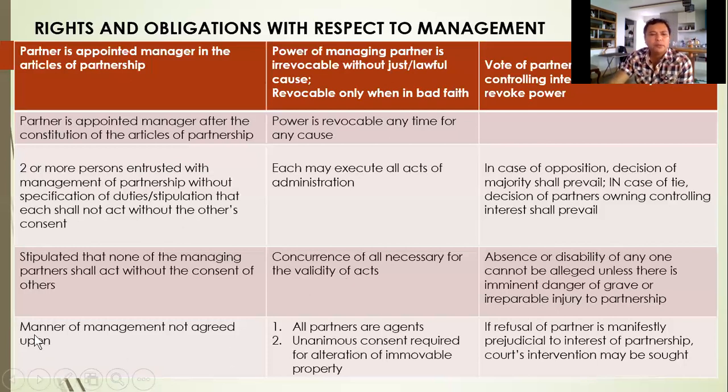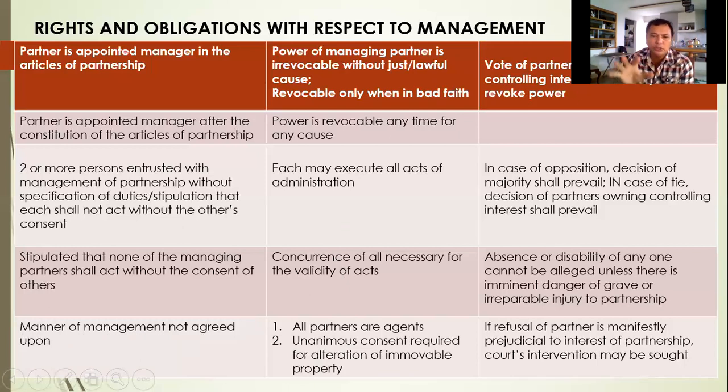And lastly, if the manner of managing is not agreed upon, so there is no agreement as to who will manage or how the partnership shall be managed, then this will be decided by the doctrine of mutual agency.